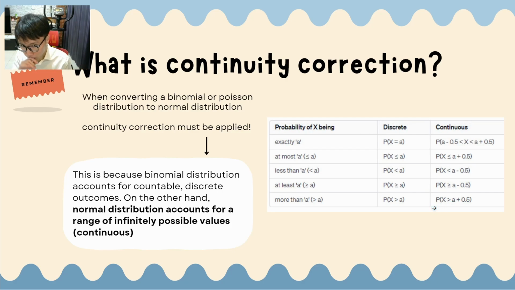So this is just like deciding whether to give an extra or smaller range to include the values. If it's more than, we give it a larger value, like a larger area. But if it's not equal to, we just shrink it so we can include these without touching the border, without including the border or the number. That's the gist.